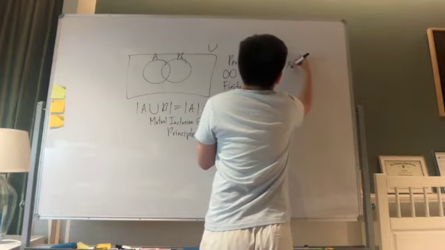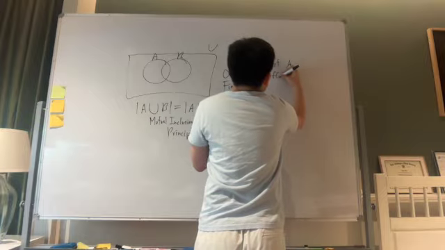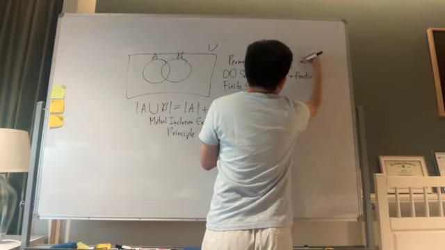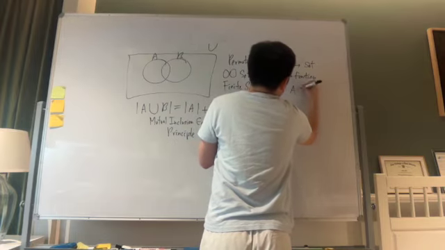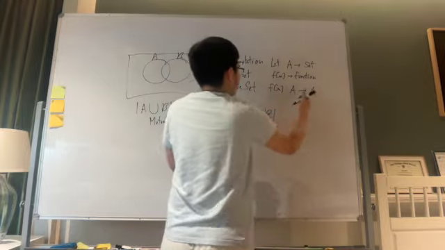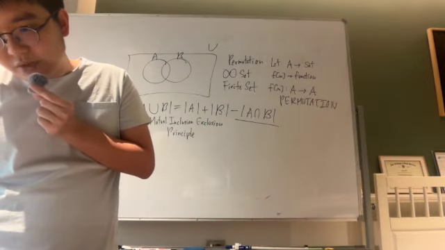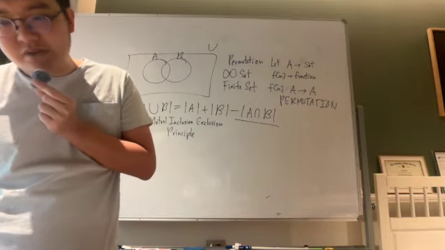Let A be a set or event, and then let f of n be the function or sequence. Then f of n is mapping A to A, from the domain to the codomain, and this is just like a permutation. Permutations are also bijective functions, which means they are injective (one-to-one) and surjective (onto).